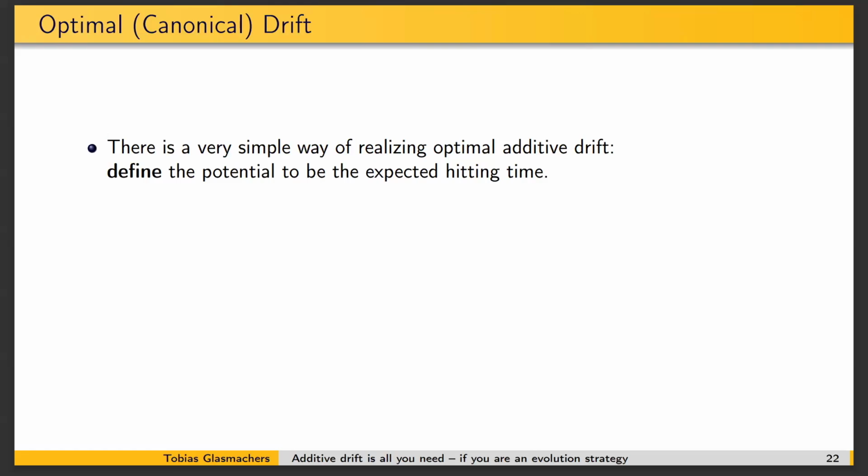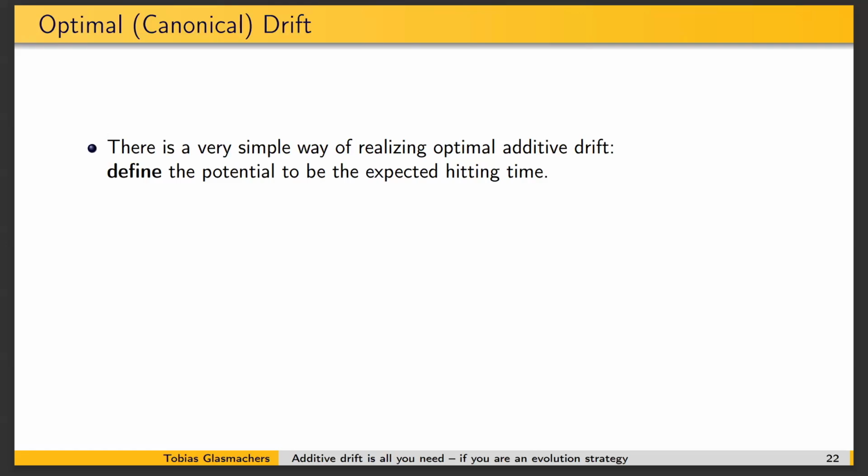And can I maybe do this in an optimal way? So if I take that freedom and I only care for the grid, can I design an optimal potential function? Turns out this exists already, for example, under the name canonical drift. And the idea is simply, it's kind of a killer argument for why additive drift is enough for everything. An existence thing.